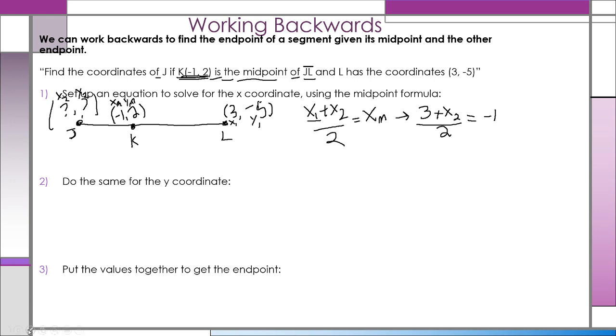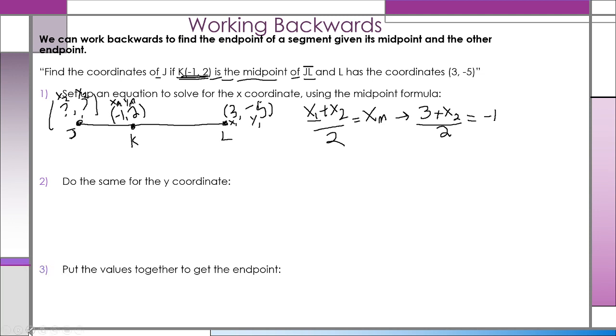What this is basically saying is if I take my end x and add it to my J x and then divide it by 2, I should get my middle x. So this is basically what we've been doing just backwards, because we're starting with the answer, -1, and we want to know what number we have to put in here to get that answer of -1. And then once we get this set up, it's just back to algebra.